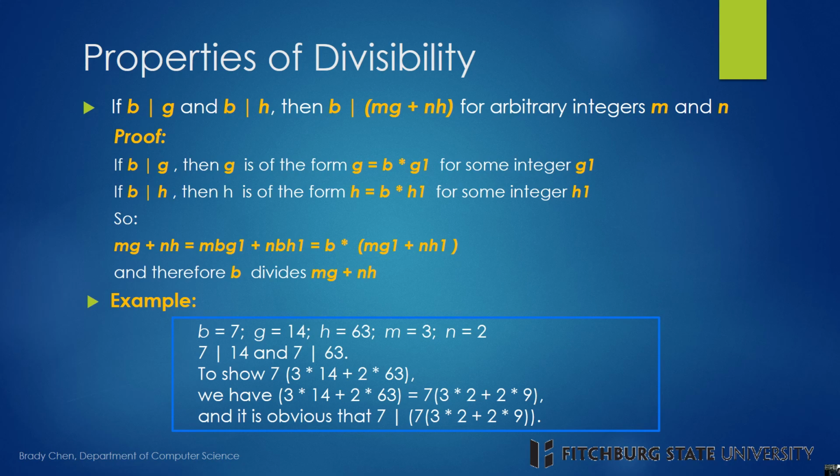So if B divides G, so B is a divisor of G, and also B divides H, then we know B divides some number M times G plus another number N times H, for arbitrary integers M and N. So this is always true. Now how can we prove this?